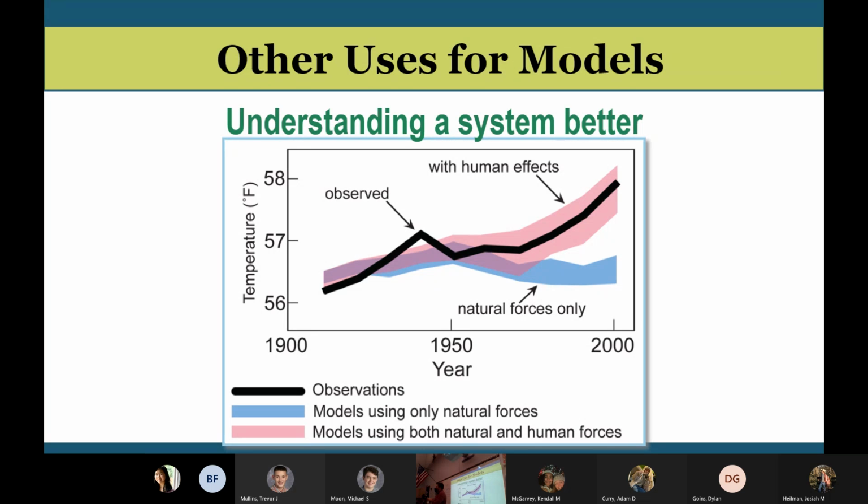We started gathering data like, hey, we need to knock off certain chemical production. Take away the human impact, climate change should be that blue line. Well, if I make another model, I said, okay, let's take a natural and human aspect to get the pink line.